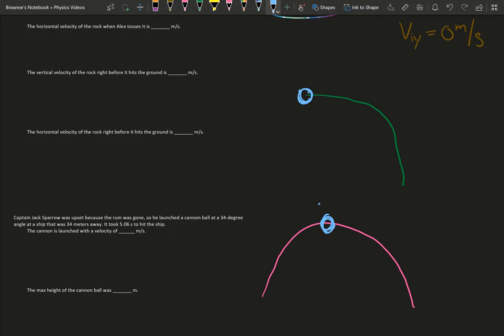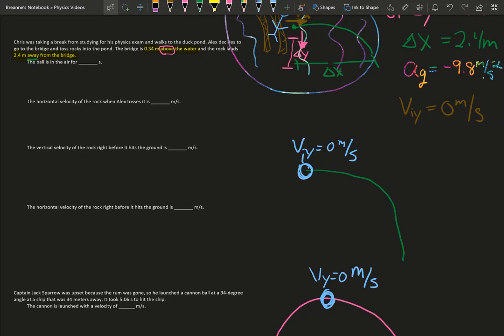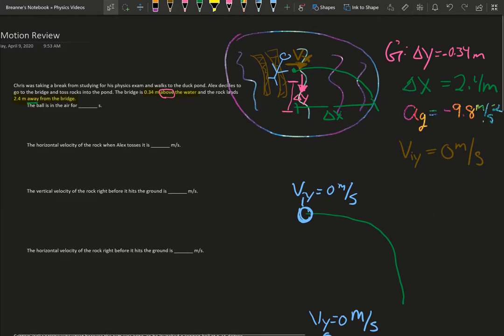And so if your Vy is 0 at the top here, this is, come on, right? Really? Don't you love it when the pen doesn't work? There we go. This is equivalent to your top because it's only half of a parabola. In this case, that's where you're starting, so this just becomes your initial. So that's another way of looking at it. So that's why your V_iy is 0.